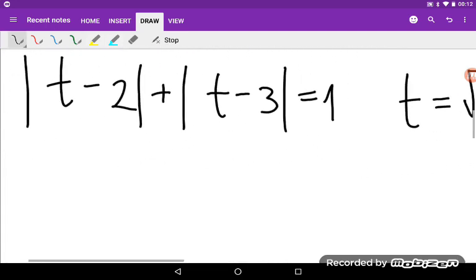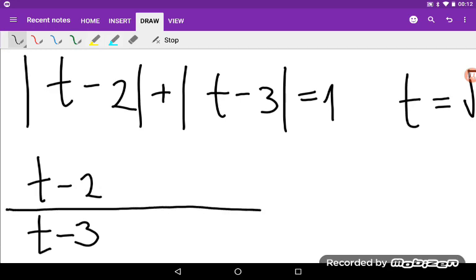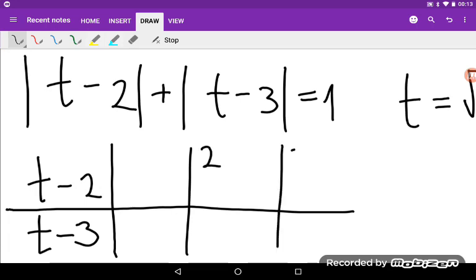Now I will make a table of signs for t minus 2 and t minus 3. So t minus 2 will change sign at number 2, and t minus 3 will change sign at number 3.